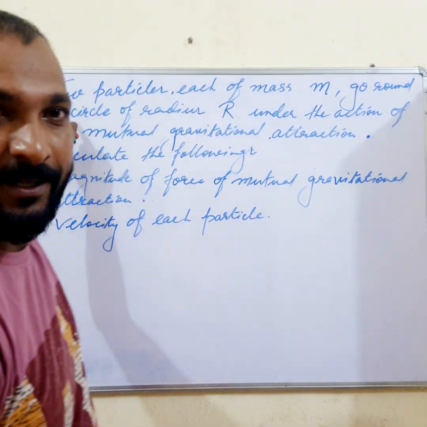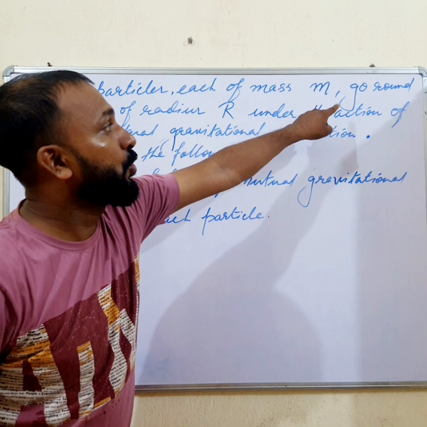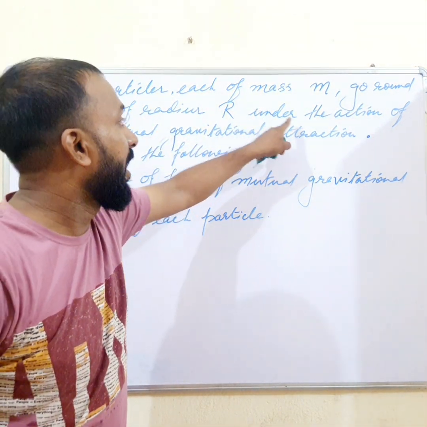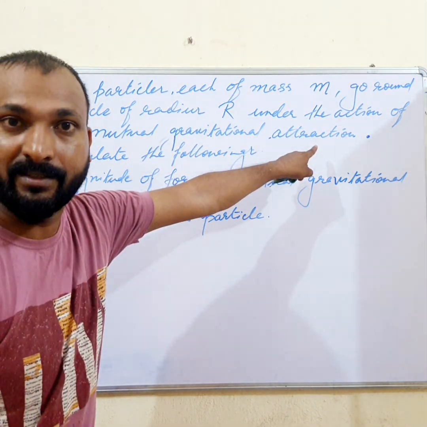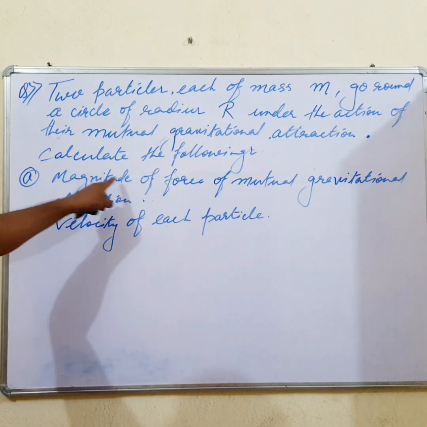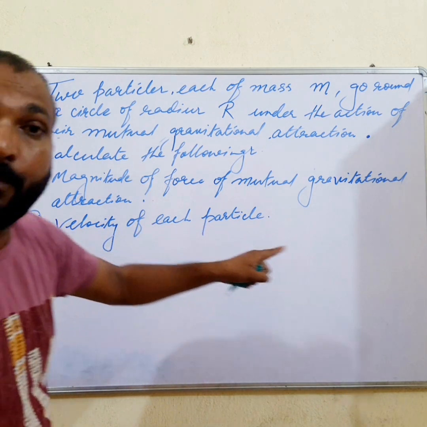The next numerical: two particles each of mass m go round a circle of radius r under the action of their mutual gravitational attractions. Calculate the following. First, the magnitude of the force of mutual attraction, and second, the velocity of each particle.